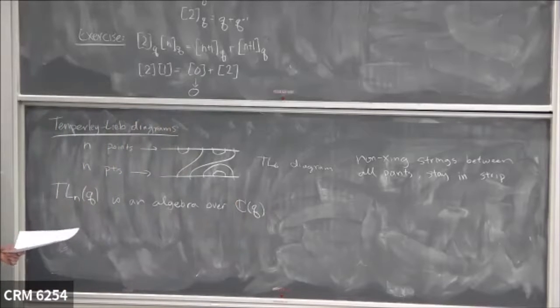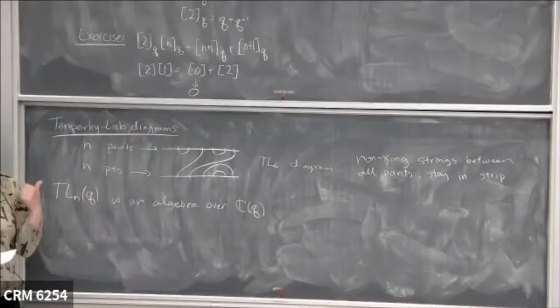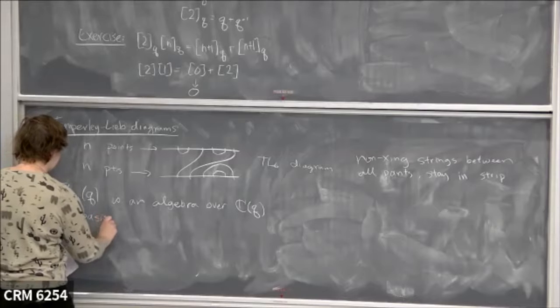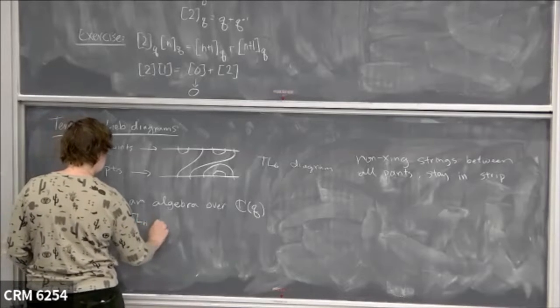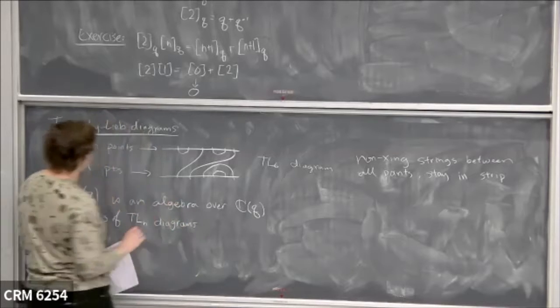Okay, and so what do we need to have an algebra? We need a vector space and we need a multiplication. Turns out we're going to have a lot more than that, but those are our starting pieces. So we want to have a basis of these TL n diagrams.